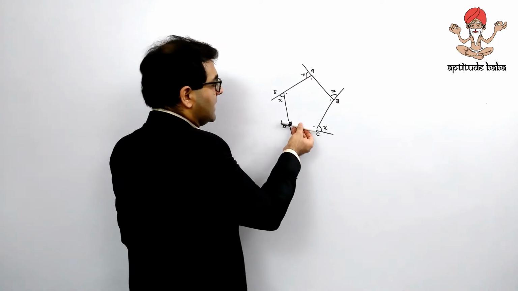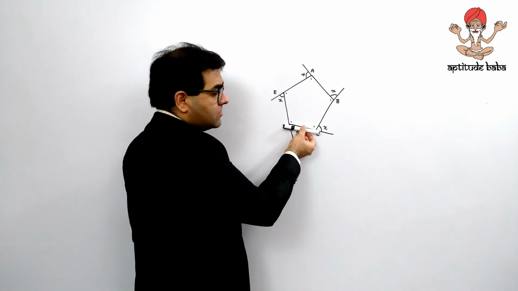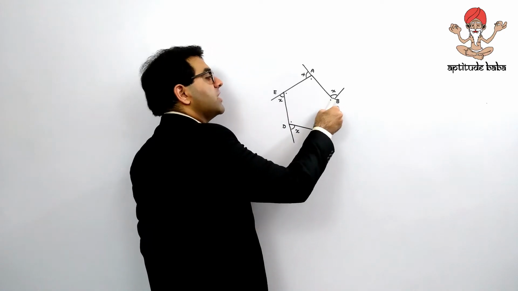Let us consider the side DC. मैंने side DC को point C पे रख के x डिग्री से रोटेट किया.